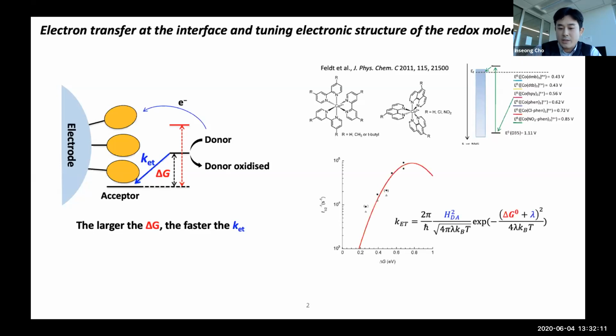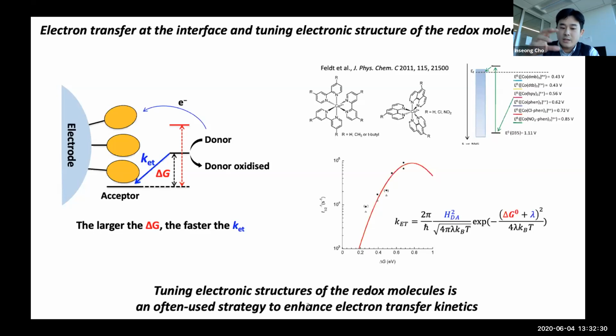There is an assumption in that case: we need to assume that the electronic coupling, which is HDA in this equation, and the reorganization energy, which is lambda, don't change between these very similarly structured redox active molecules. So tuning the electronic structure of the redox molecule is an often used strategy to enhance electron transfer rates.